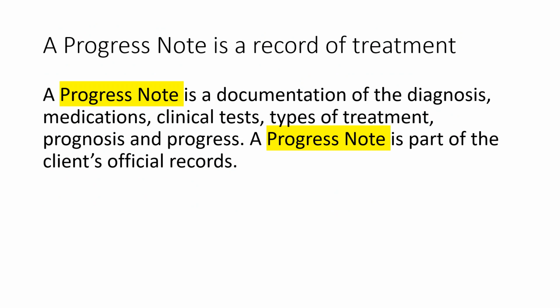But the progress note is a documentation of the following items: the diagnosis, medications that you may prescribe, any clinical tests that are run, types of treatment, what the prognosis and progress is each week from week to week. So the progress note is part of the client's official records.